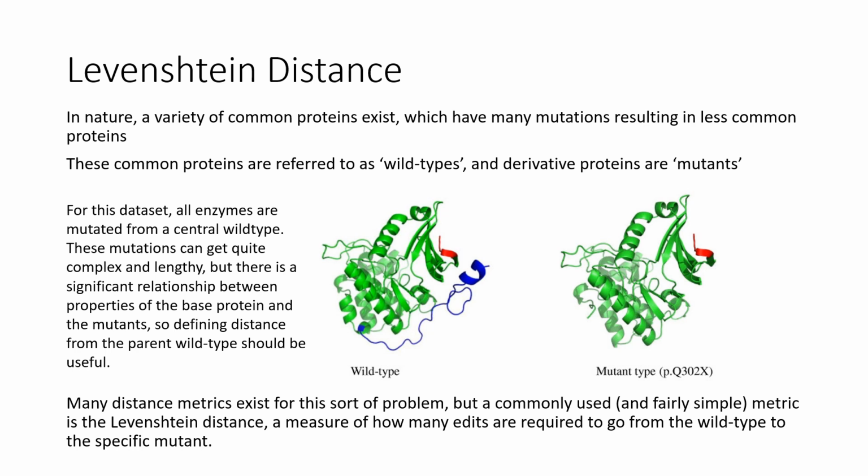It's very easy to quantify the difference between the wild type and the mutant to see how far the mutant has deviated from the sort of parent structure, and that can be measured by a few different metrics, but the most common one, which is fairly simple as it's just a construct of adding and removing sequences from a chain, is called the Levenshtein distance.